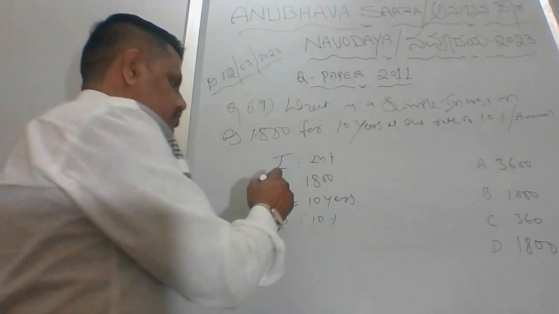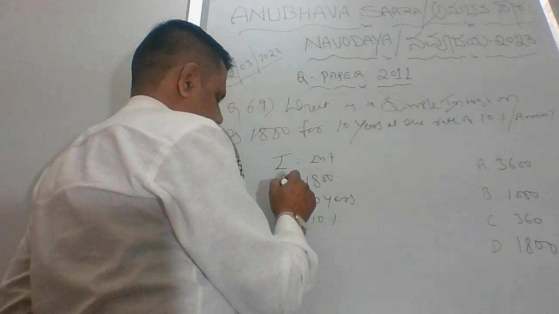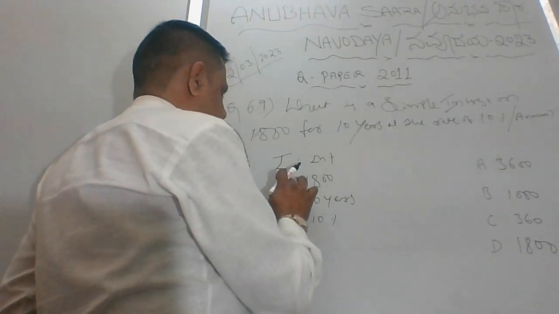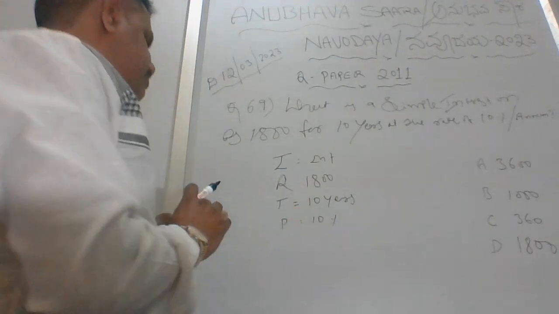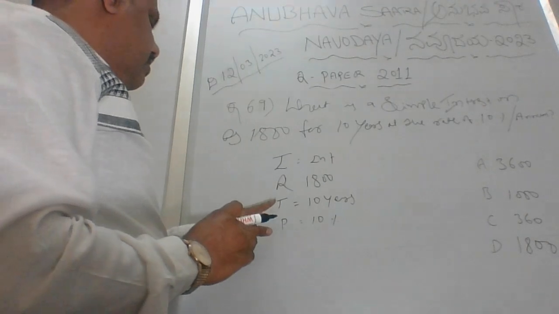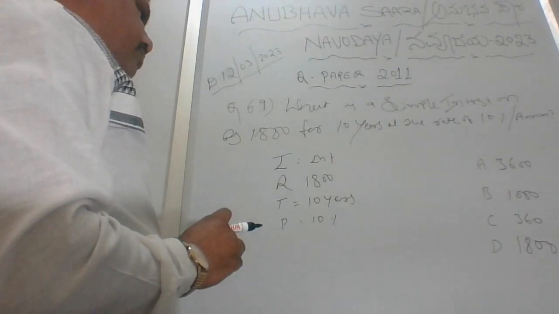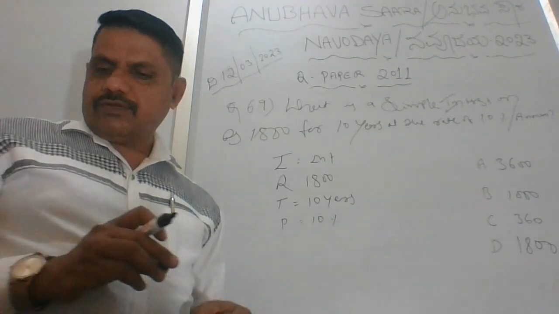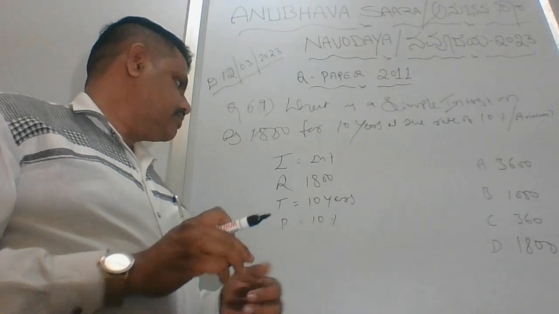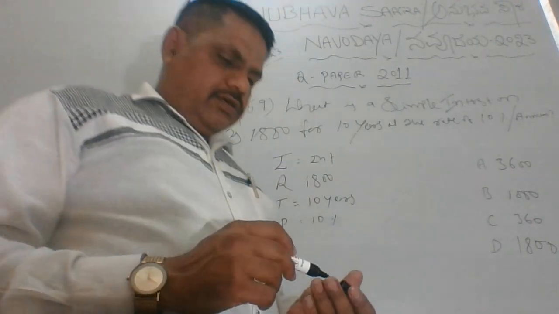So this we can call it as amount, rupees. P is the principal, T is the tenure, R is the rate. Fine.